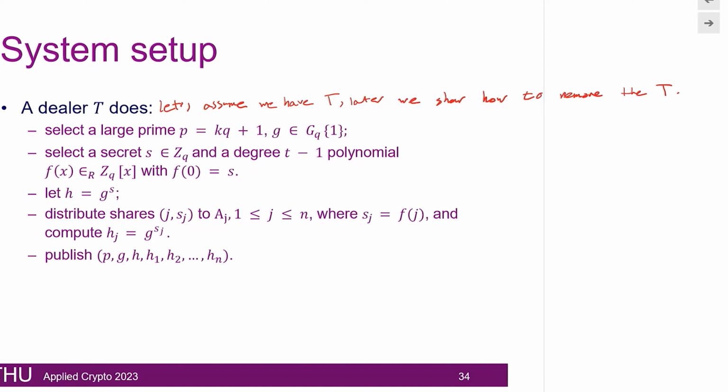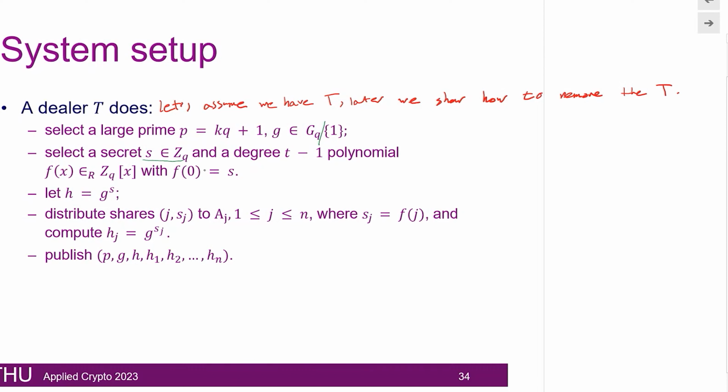But for now, let's just make things simple and assume that we have this T that would set up our system. When we talk about setting up the system, we want him to find a large prime number that has this format. And we find a generator of group ZQ. And then we also want him to choose a secret S that is a member of ZQ, and also a degree t-1 polynomial.